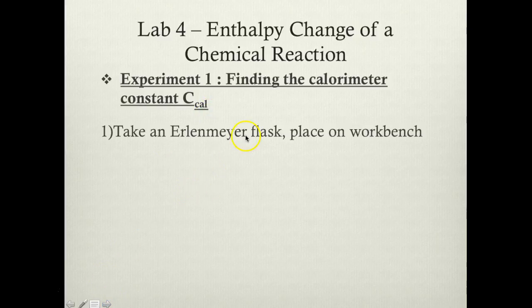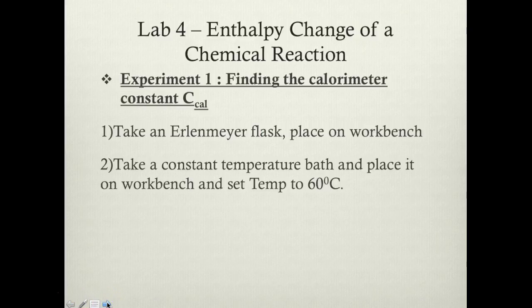So you're going to take a flask and place it on your workbench. From the instruments tab, you're going to find a constant temperature bath, bring it onto the workbench, and set its temperature to 60 degrees centigrade.